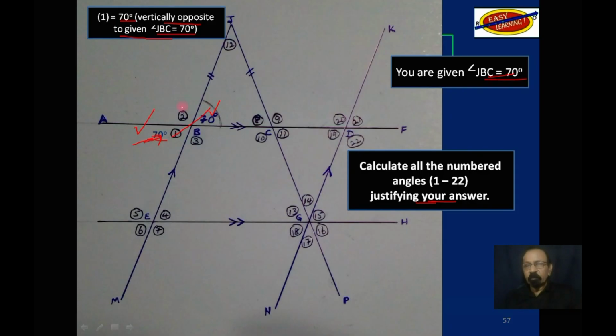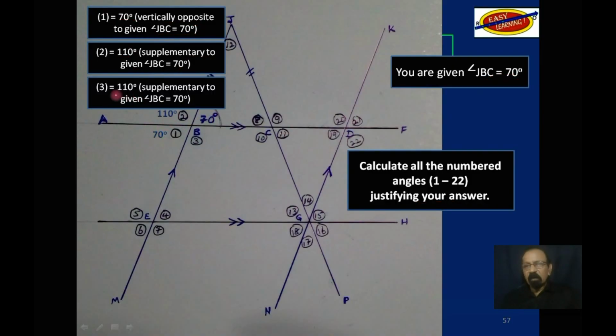What is angle 2? Angle 2 is 110. Why? It is supplementary to the given 70 degrees. Those two angles will add up to 180. Angle 3, this one here, is 110 degrees. Why?